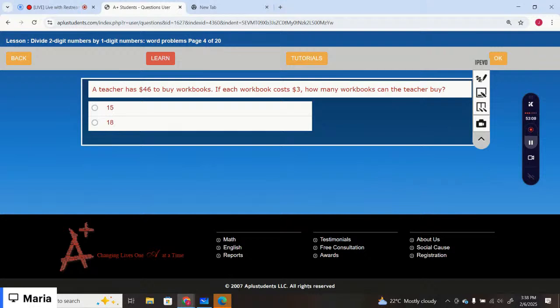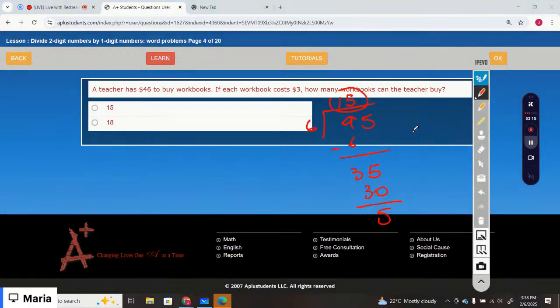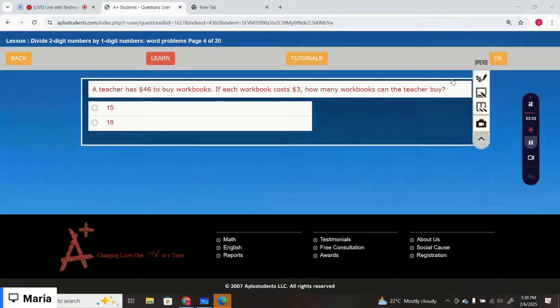So you have to divide 46 by 3. So 46 divided by 3: 3 times 1 is 3. Now bring the 6 down. 3 times 5 is 15. You still have $1, but you can buy 15 workbooks. The correct option is option number 1, that is 15 workbooks.